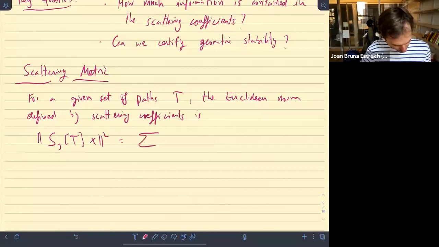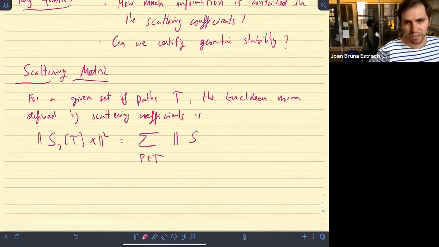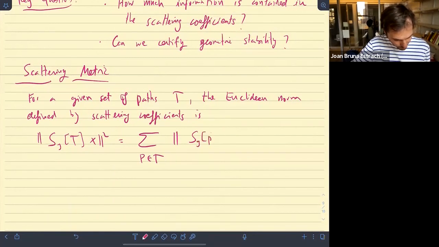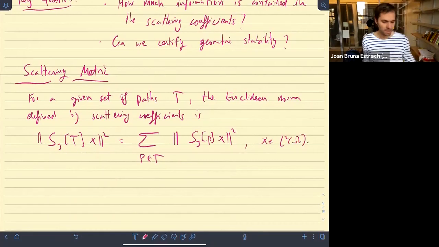These signals are in L2, and there's a basic fact, the Young inequality: if I have a function in L2 and I convolve it with a function that is integrable, it's still in L2. So I can always assume that I'm in L2 for X. Okay, so this turns out to be well defined.